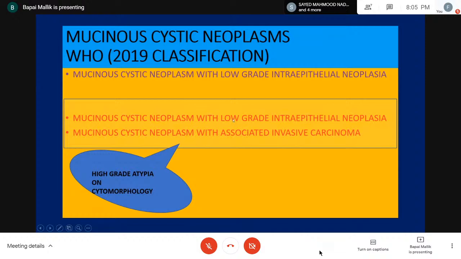So mucinous cystic neoplasms with high-grade intraepithelial neoplasia and mucinous cystic neoplasms with associated invasive carcinoma are together called high-grade atypia on cytomorphology. Extremely sorry about this one. So this is high-grade atypia and associated invasive carcinoma. So we are looking for these changes. When you say high-grade atypia on cytomorphology, they are actually covering these two lesions.